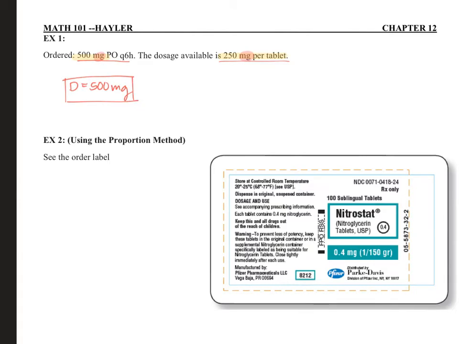So for example 2, let me write into our problem what we're actually trying to find. So, for example 2, what's ordered is Nitrostat, 800 micrograms sublingually, PRN chest pain.